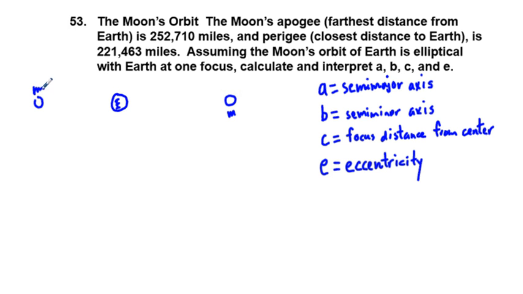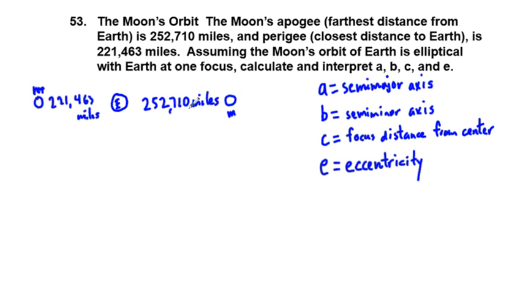And to the right, the farthest distance away, or the apogee, is going to be 252,710 miles. And our perigee, which is our closest distance, is going to be 221,463 miles.